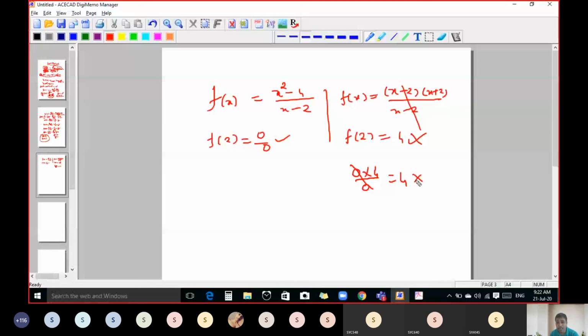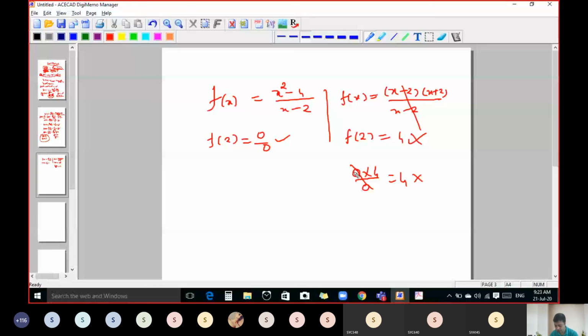You cannot cancel 0 like this. That is why this is the wrong answer, because by putting 2 here we get 2 minus 2, 0, here also 2 minus 2, 0, and if we cancel this 0 by 0 and then write the answer 2 plus 2, 4, it is obviously not the correct answer. You can't cancel this 0 by 0.